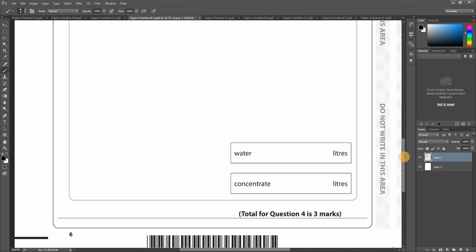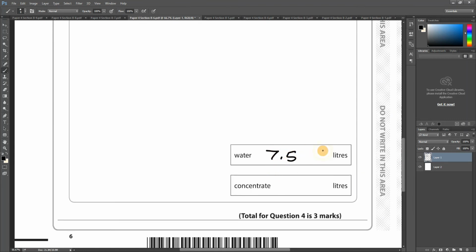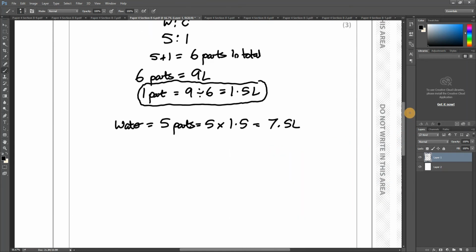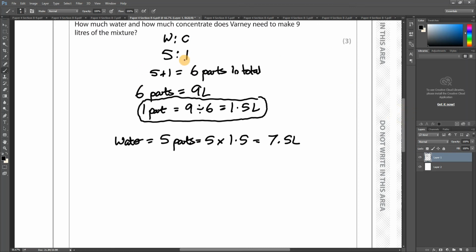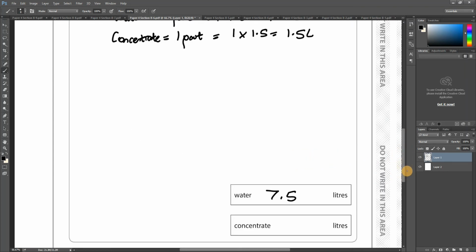Let's put that in here. Yep. And concentrate only has 1 part from our ratio. So 1 part is just 1.5, isn't it? Yep, and there's your second answer.